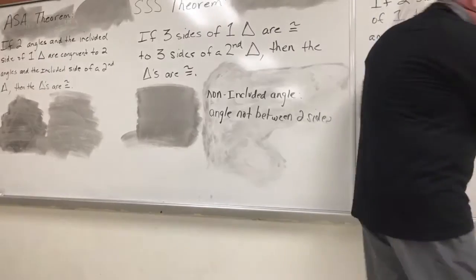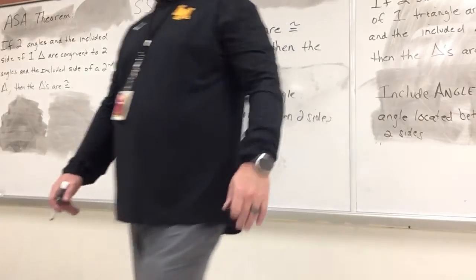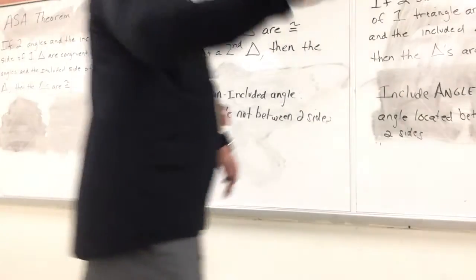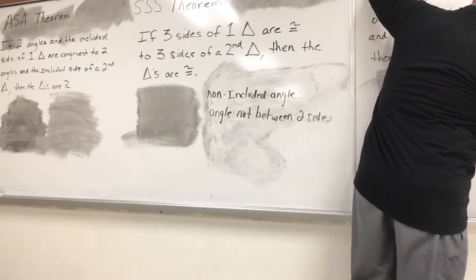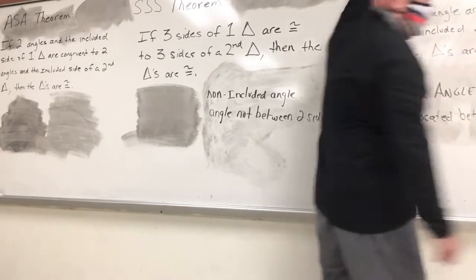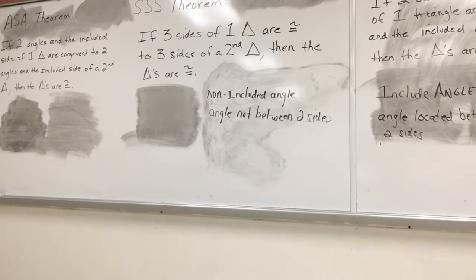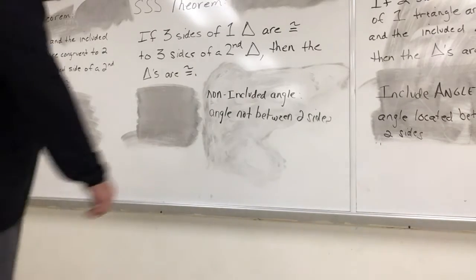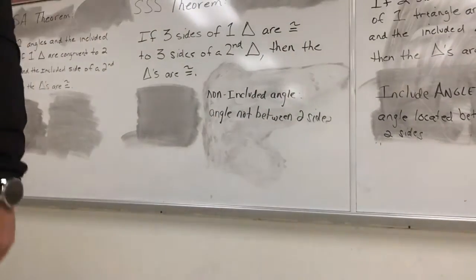Here's the included angle, between the two sides. And now we have two angles that are non-included: angle A and angle C. You can also have included sides and non-included sides. Any questions? That's the background information that we need to know before we talk about today.